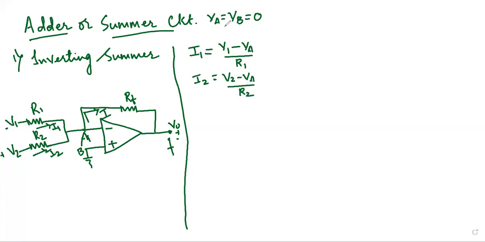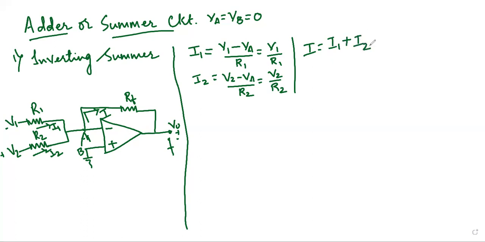We know that VA equals VB equals 0. So this becomes V1 by R1, and this becomes V2 by R2. Now we also know that the total current I is equal to I1 plus I2.